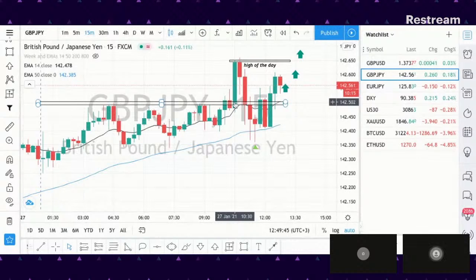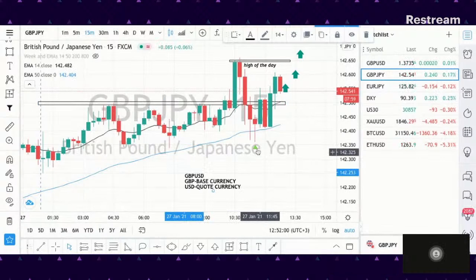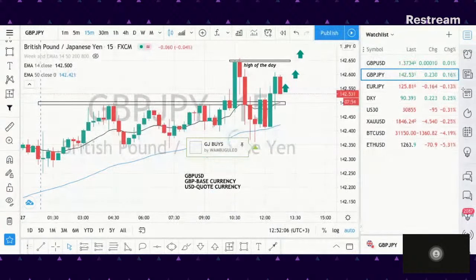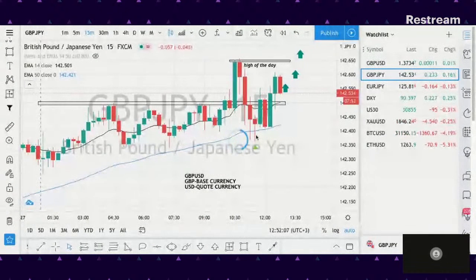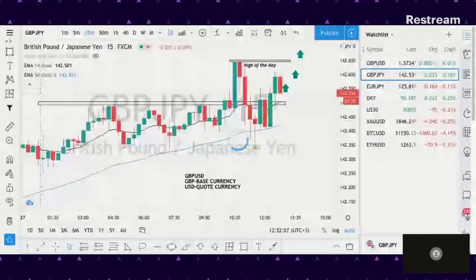What this means, in our case, is that we bought. Our trade is here. It's a buy trade, right? What this means is that we have bought the pound when it is at 142.48.